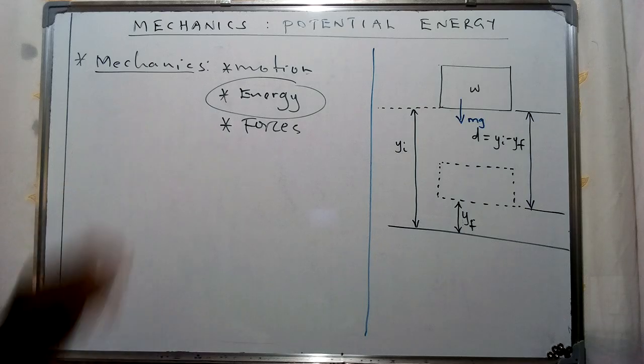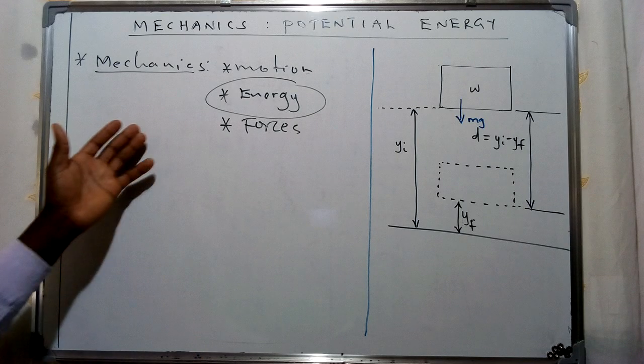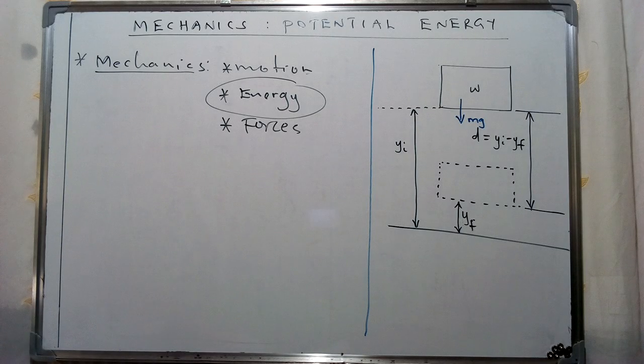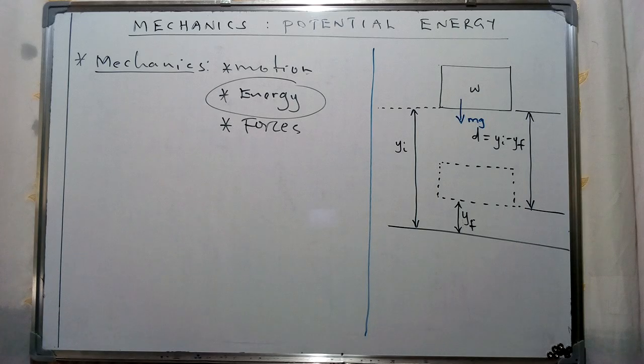Now, therefore, we can, in summary form, define mechanics as a branch of science that deals with the energies and forces and their effects on bodies. And in some of our texts which we are going to come across, it can be defined as a branch of physical science that is concerned with motion of bodies under the action of forces. And that's going to be, in a way, giving us a clue on what basically this aspect of mechanics is.